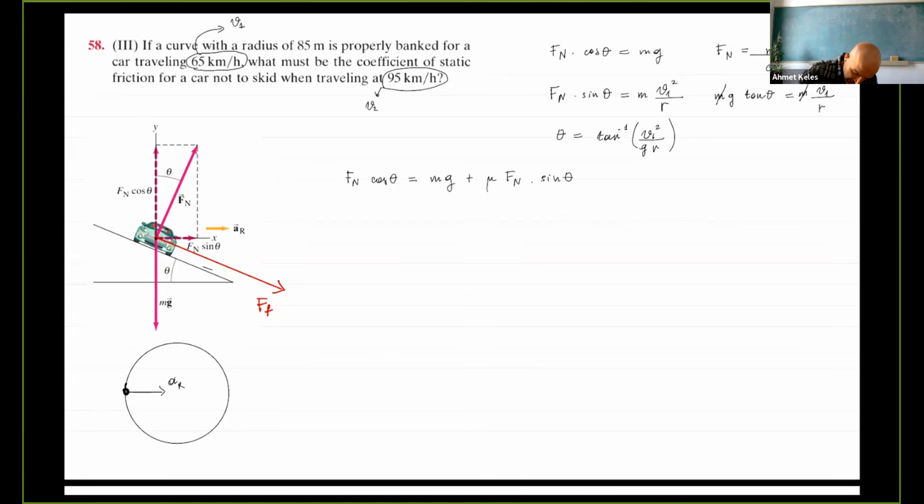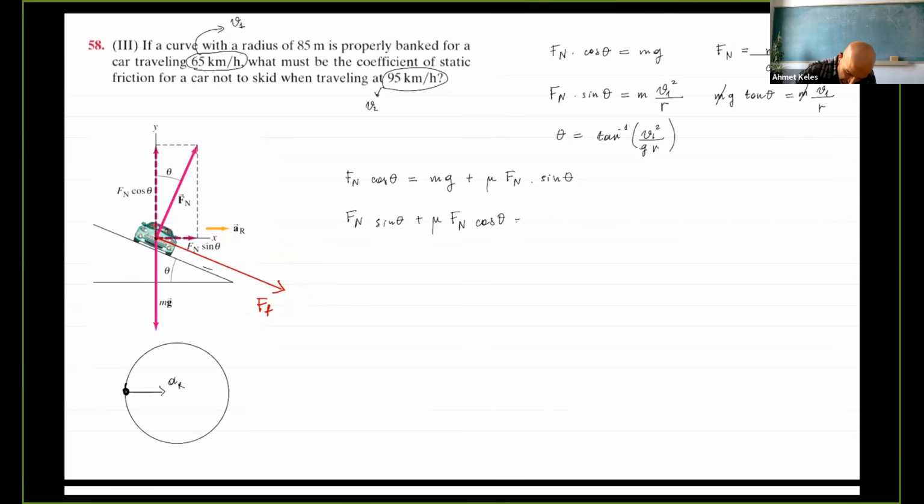And the other equation is F normal times sine theta. This is the projection along the radial direction. And I need to add the friction force plus mu times F normal times, okay, this one is, I think, cosine theta.